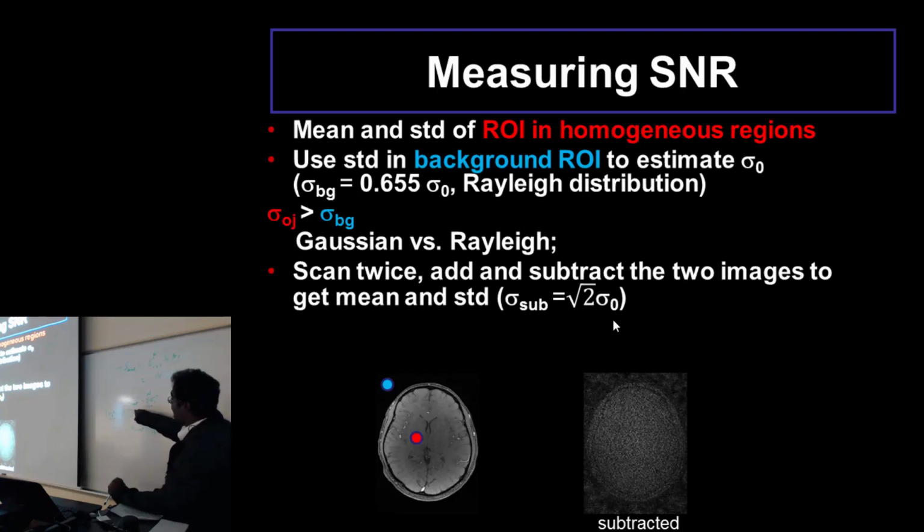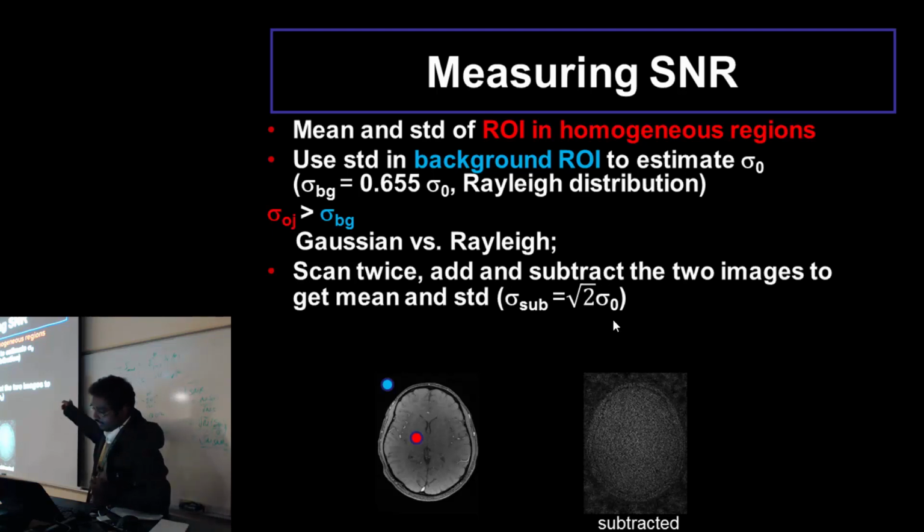So if you have 2 acquisitions, you have 2 such values, and whether you subtract or add 2 random variables, the variances always get added up. So the variance is n sigma squared, in this case 2, and when you take the square root you get the square root of 2.